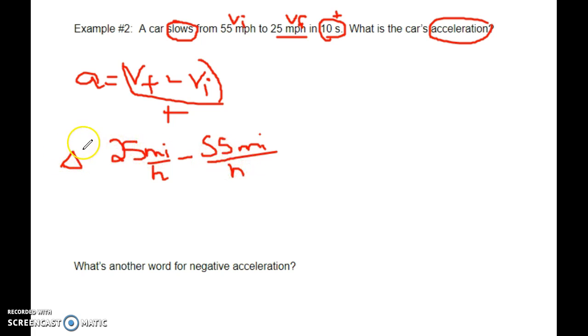So that's going to be my change in velocity, and I'm going to solve for that. So again, 25 minus 55 is going to give me negative 30 miles per hour.